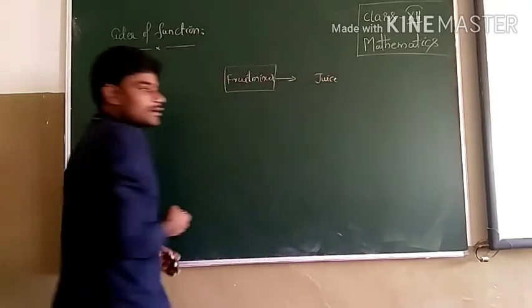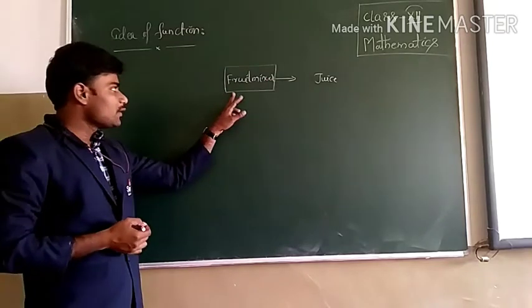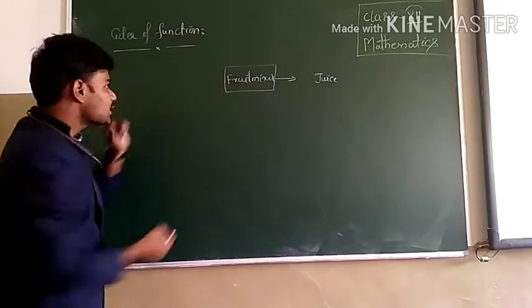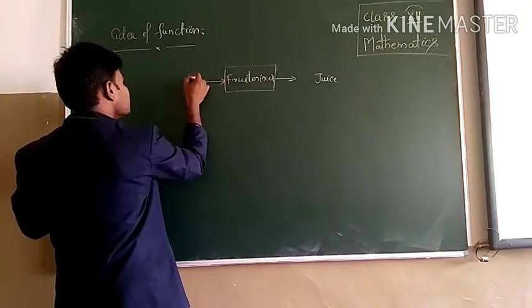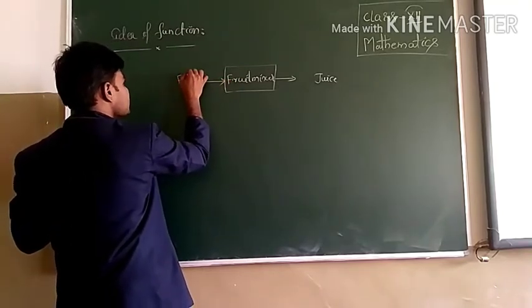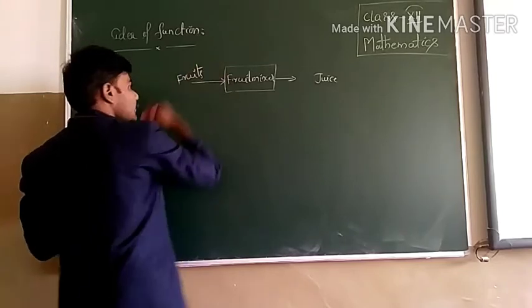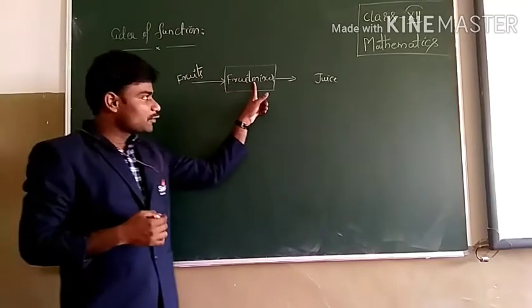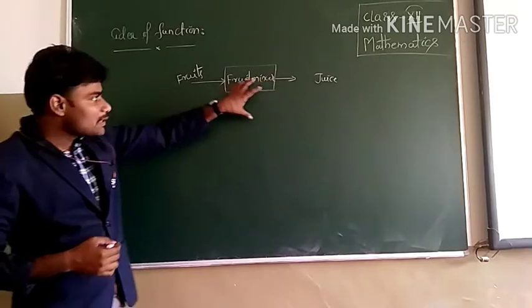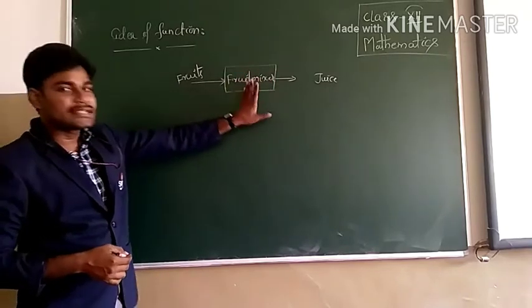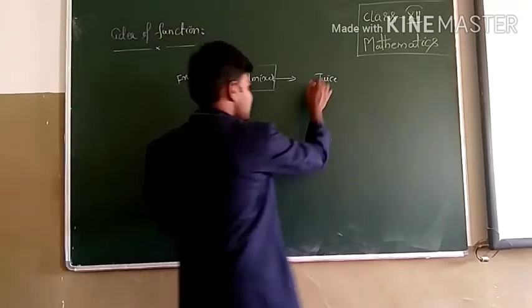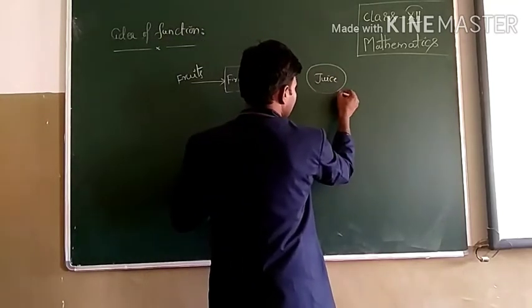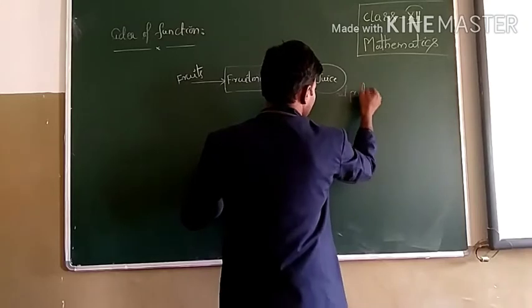Juice is the output. To get juice from the fruit mixer, we should give the fruits as an input, right? If we give the fruits to the fruit mixer, it performs a certain operation, or a function. It provides the juice as an output, right? It is output.